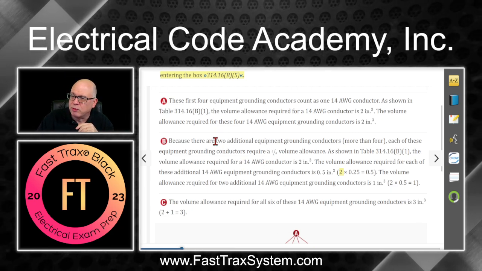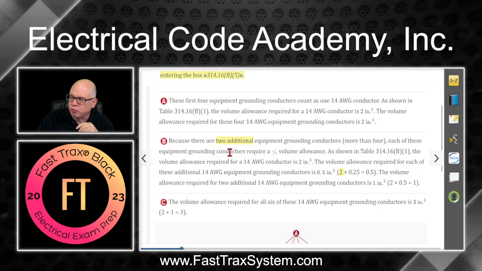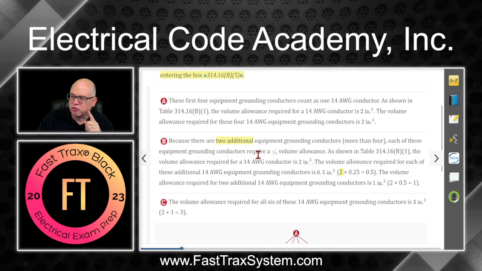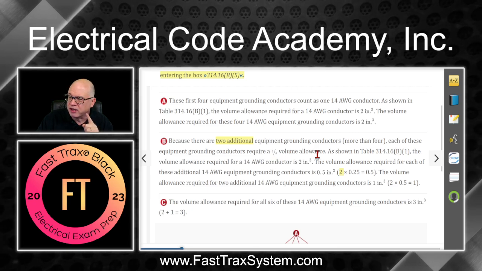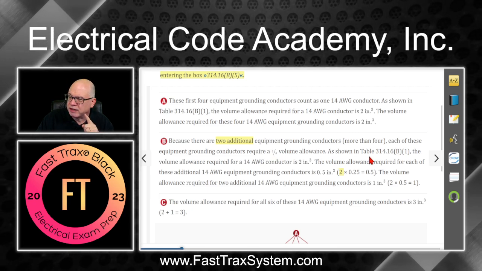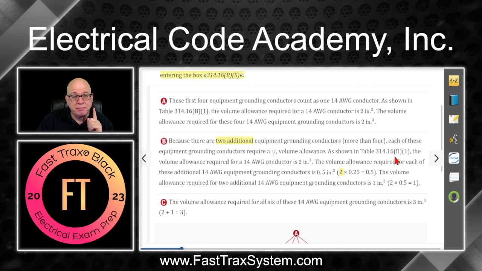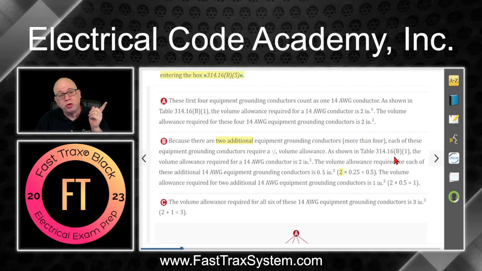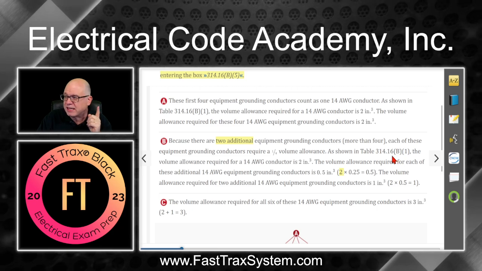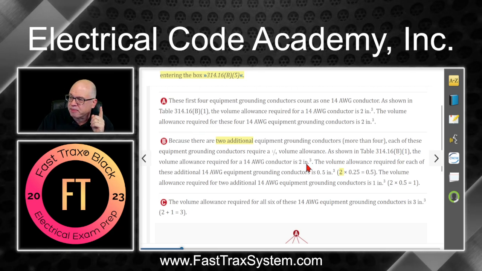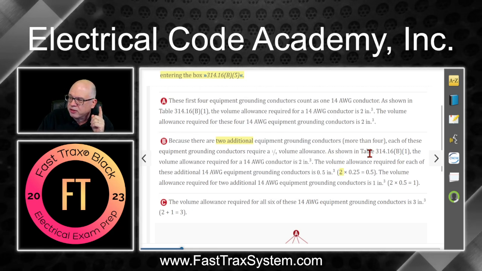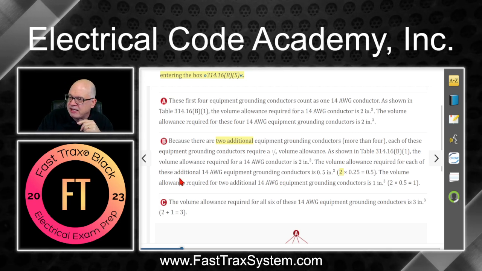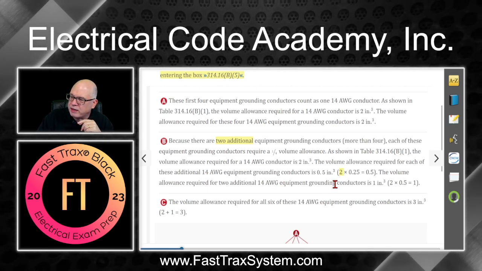Now, we're going to deal with these additional 2. So this is what we're going to be working with. Each of these equipment grounding conductors requires a quarter volume allowance as shown in Table 314.16(B)(1), which is, again, 2.00 or 2 cubic inches for a 14 gauge. So since it's 2 cubic inches, the volume has to be increased, and we have 2 of them, right? So for each additional 14, we need to increase it.